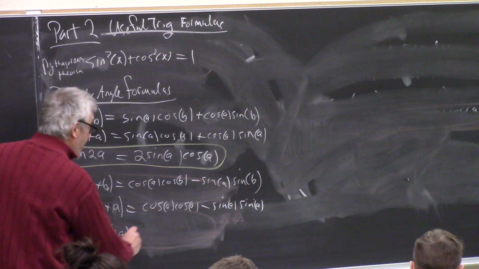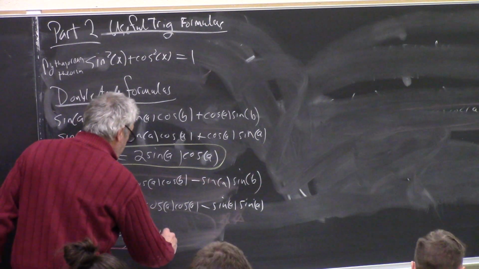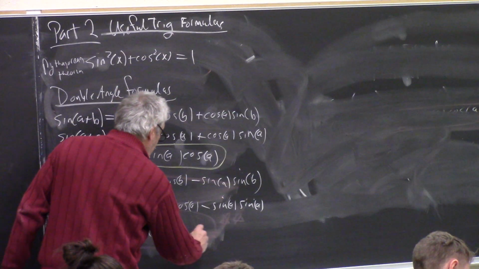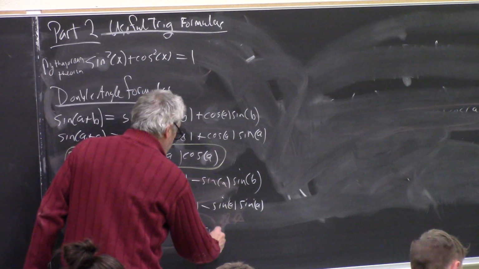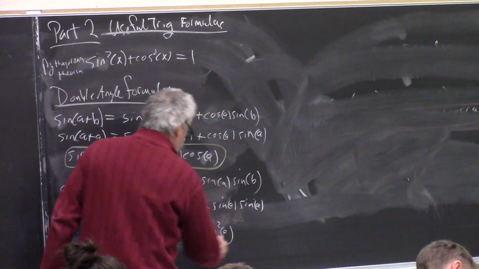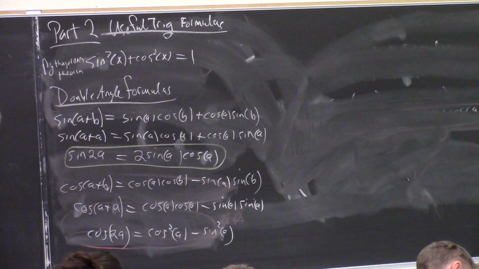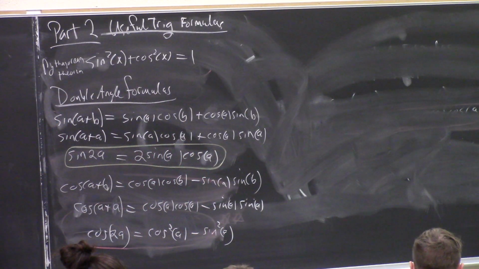And on the right I have cos squared A minus sine squared A. So that's actually a useful formula. But again, they're all useful. I'm not going to circle all of them.